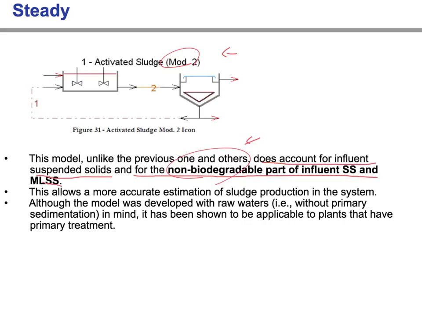In fact, the reason why this model is useful is that if you don't have any primary treatment, which is possible in small scale wastewater treatment, the MLSS and SS will contain significant amounts of non-biodegradable particles.